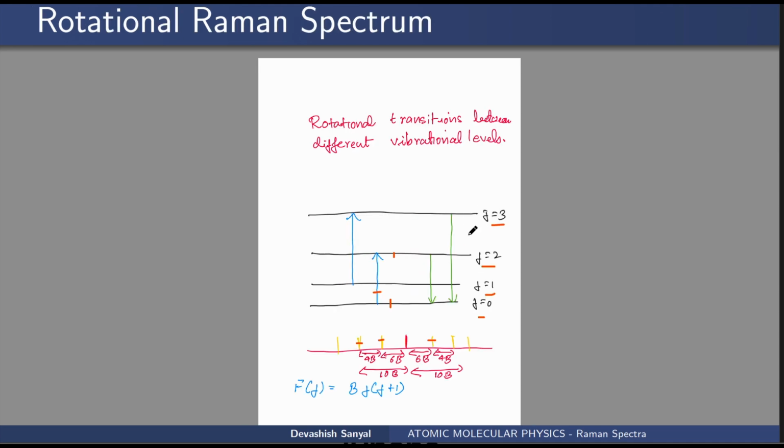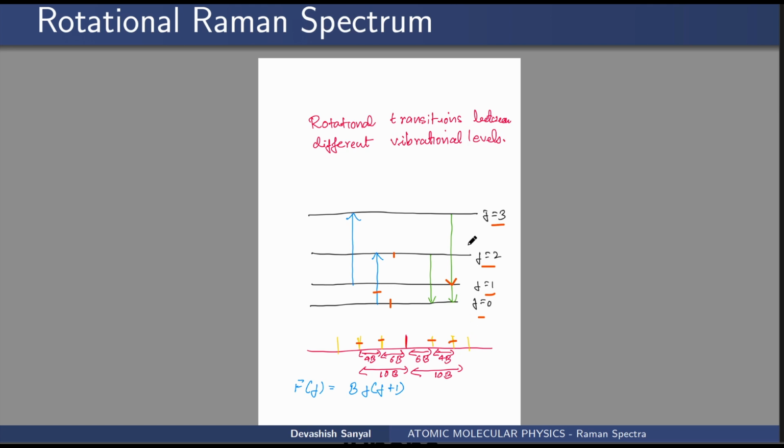Or you can have a transition from J is equal to 2 to J is equal to 0, or you can have a transition from J is equal to 3 to J is equal to 1. So this transition you can have. So this transition is given by this.